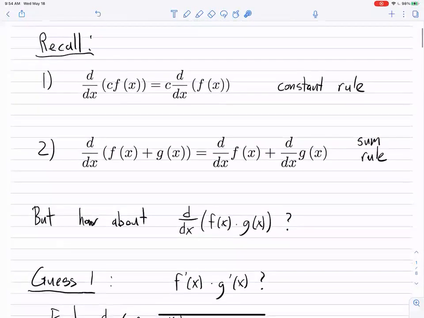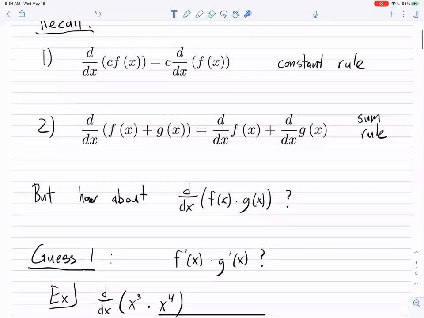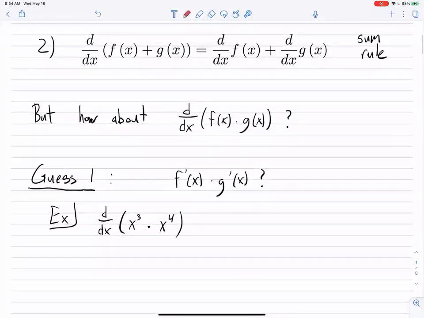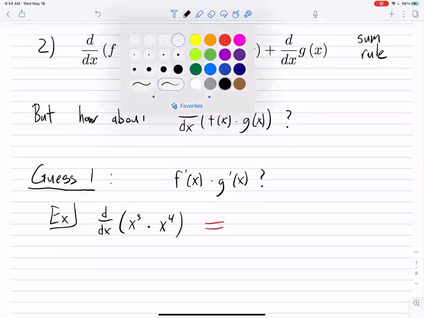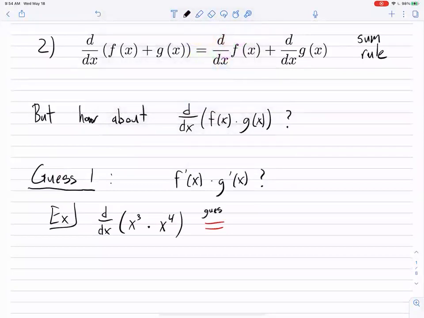Well, we could guess maybe it's like the sum rule, where you just take the derivative of each and multiply them. Let's see if that guess works with an example. Let's take the derivative of x cubed times x to the fourth using our guess. The derivative d/dx of x to the third, times the derivative d/dx of x to the fourth.